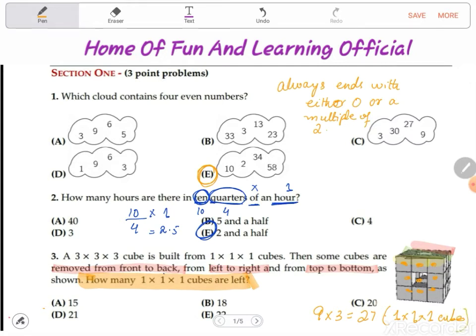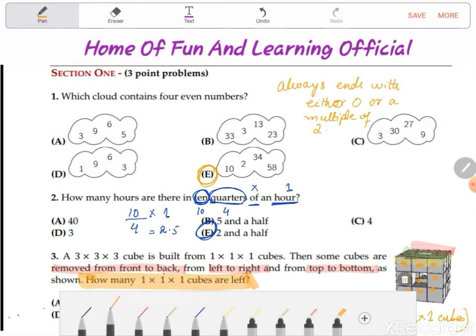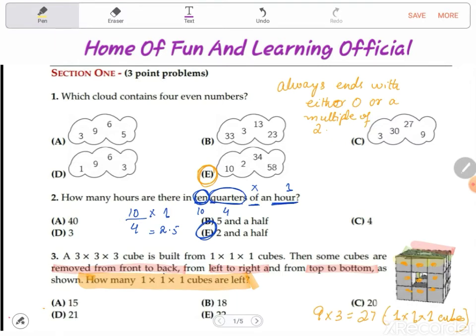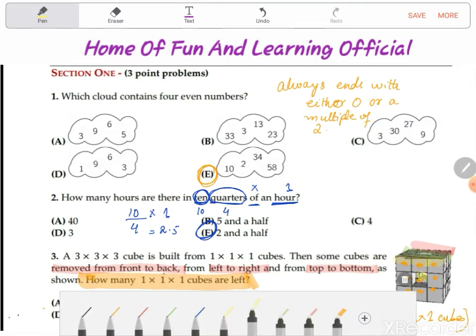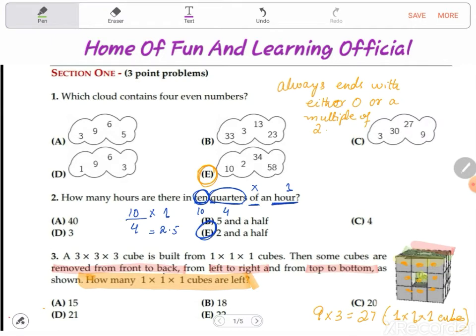Now we need to calculate how many cubes have been removed. There's a very simple method for that. We need to consider first the center one, the centermost one, that will be 1, and then we need to consider the outer middle ones. So let's deal with them. This is 1, the one that I'm shading with green.